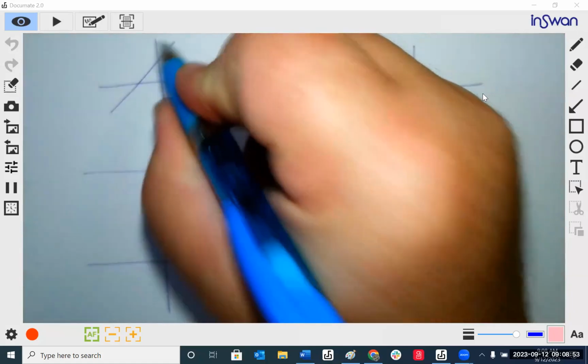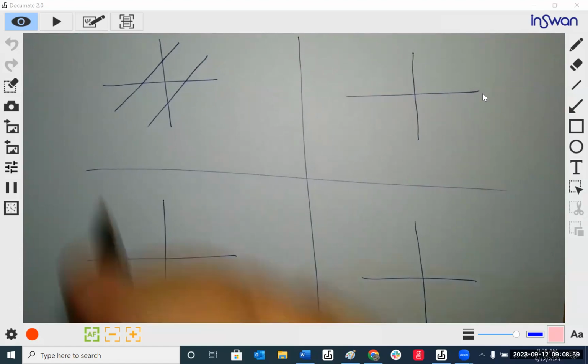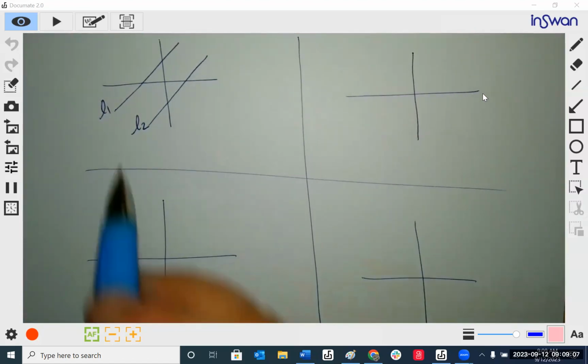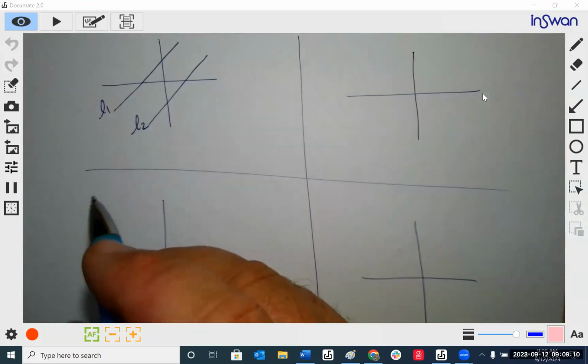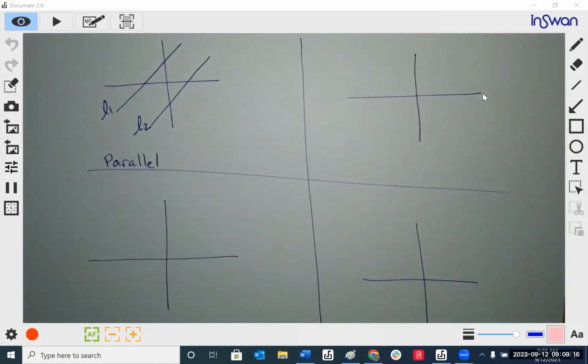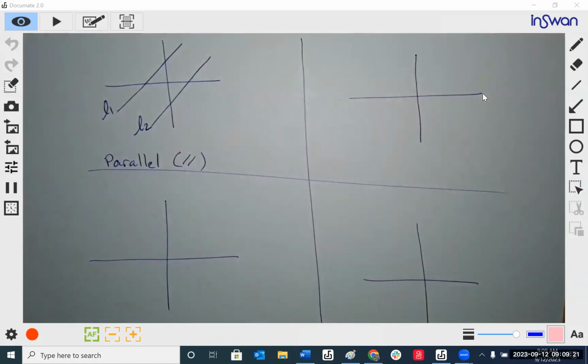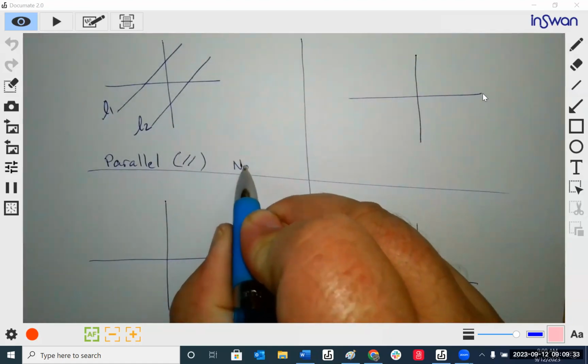The first possibility: this is line 1 and this is line 2. When two lines look like this, they'll never touch. These are called parallel lines. The symbol we use as a shortcut is two little slash marks. This one has no solutions.